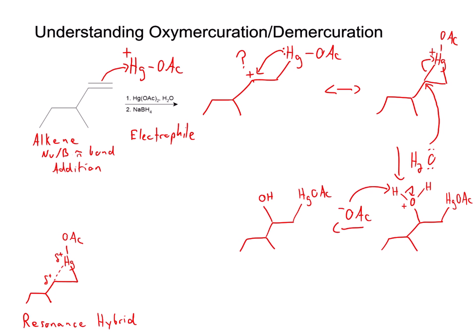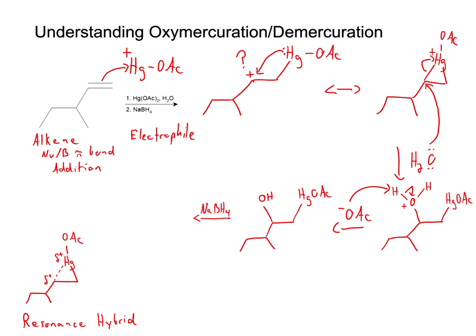From here, we can move on to step 2 of the reaction, which is adding NaBH4. This is the part of the reaction that is completely glossed over in organic chemistry classes. NaBH4 is a reducing agent. Reducing agents add hydrogens to carbons. In this case, the reducing agent is also going to remove that HgOAc.